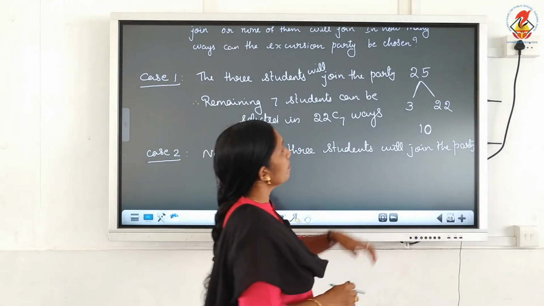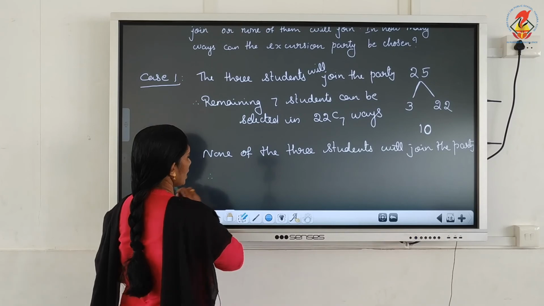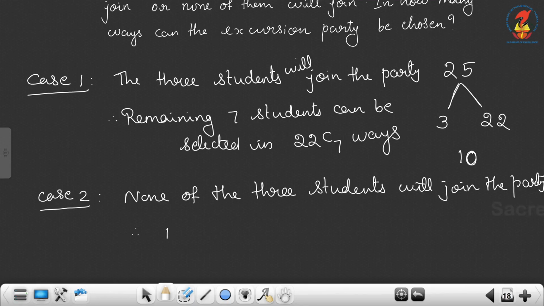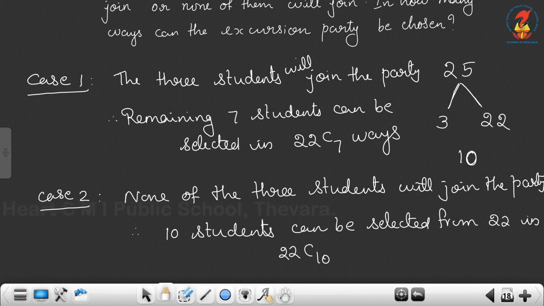That 10 again from 22. Therefore 10 students can be selected from 22 in 22C10 ways.